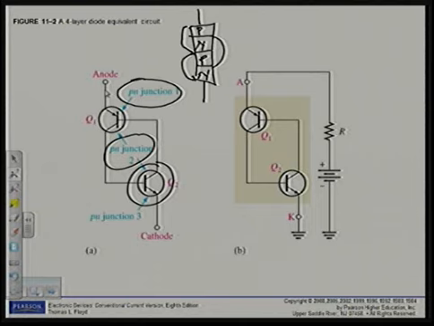Alright, so when a positive bias voltage is applied to the anode with respect to the cathode, as shown in figure 11.2b, the base-emitter junctions of Q1 and Q2, PN junctions 1 and 3 in figure 11.2a, are forward biased, and the common base-collector junction, PN junction 2, is reverse biased. The currents in a 4-layer diode are shown in the equivalent circuit in figure 11.3.